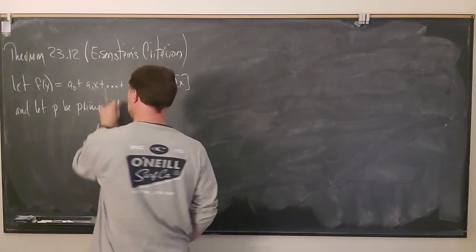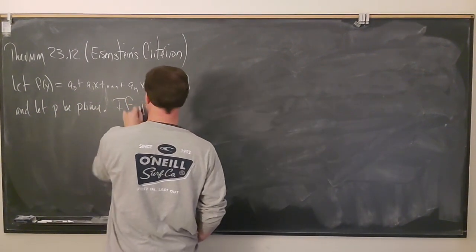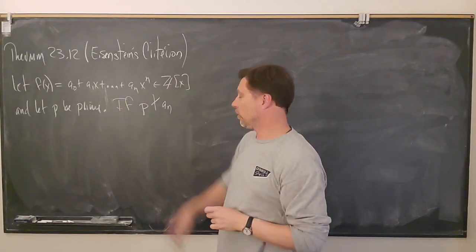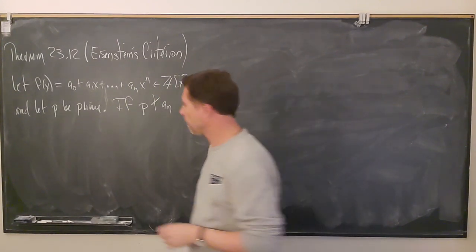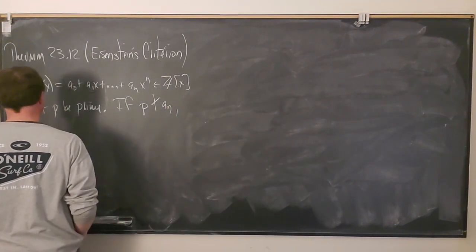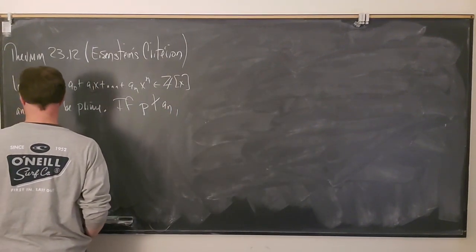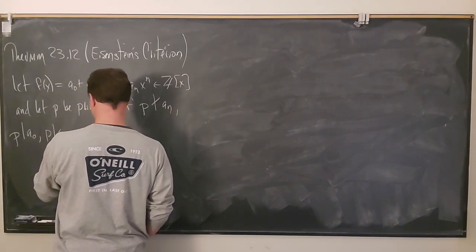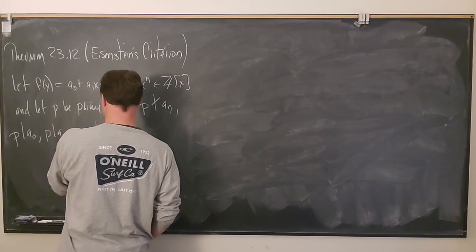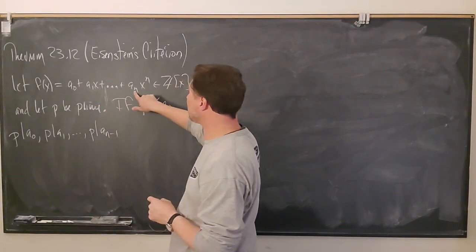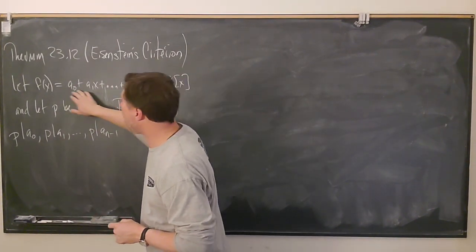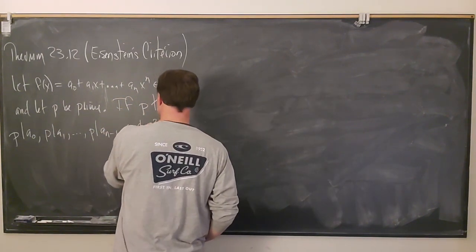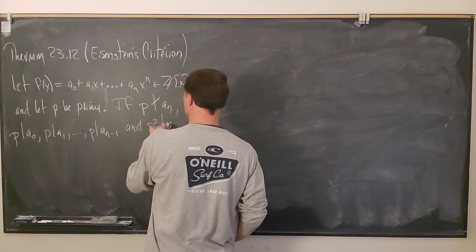Now if p does not divide the leading coefficient, the a sub n, p divides a0, p divides a1, all the way up through a sub n minus 1. So p does not divide the leading coefficient, but divides all the other coefficients, and p squared does not divide a0.